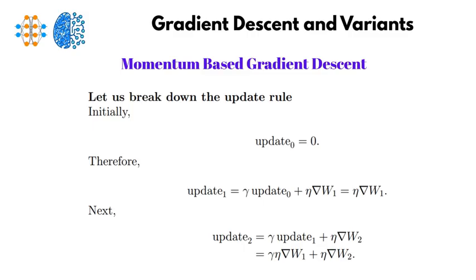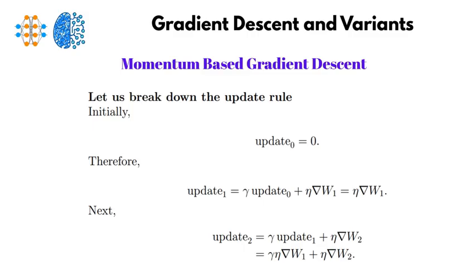Now let us move to the second iteration. The update rule becomes update 2 equals gamma multiplied by update 1 plus eta multiplied by the gradient of w2. We already know that update 1 is eta multiplied by the gradient of w1.